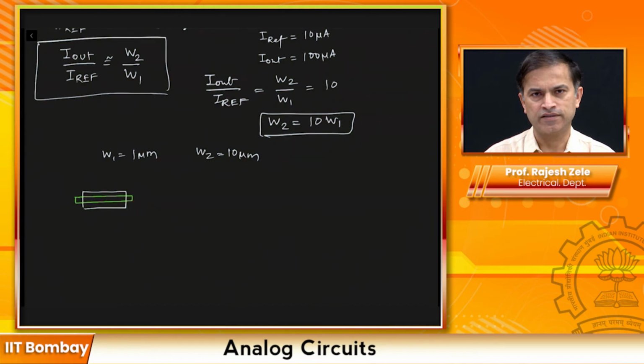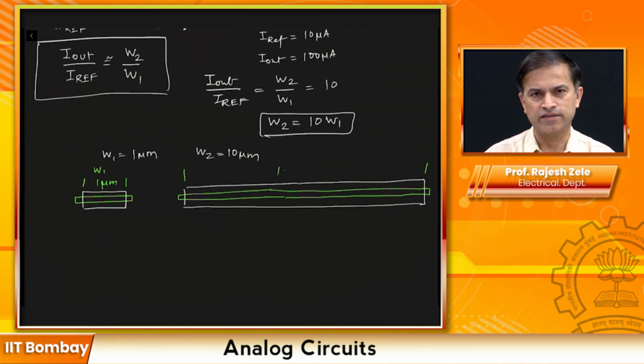And this would be your transistor with 1 micron width, the W1 part. Then I could technically say, all right, since I want a ratio of 10, I would just take this W and make it 10 times larger, let's say 10 microns. You may think you're done, but this is actually a bad practice.